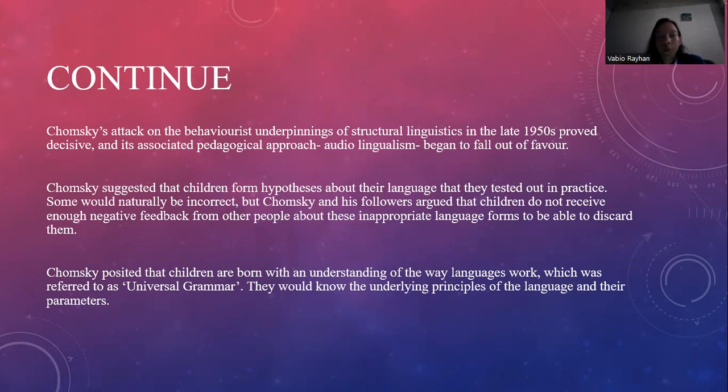Chomsky posited that children are born with an understanding of the way language works, which was referred to as universal grammar. They would know the underlying principles of the language and their parameters.